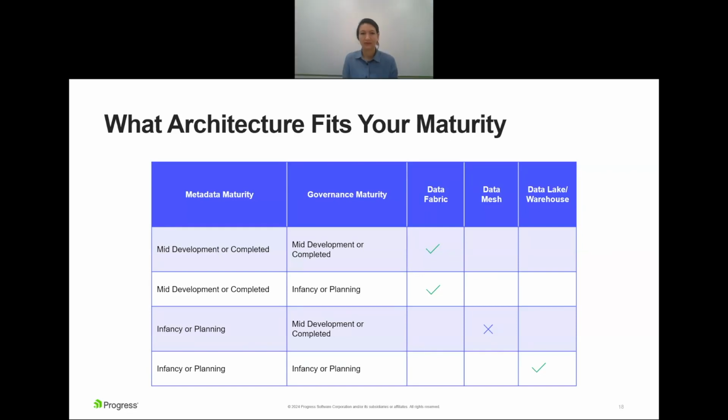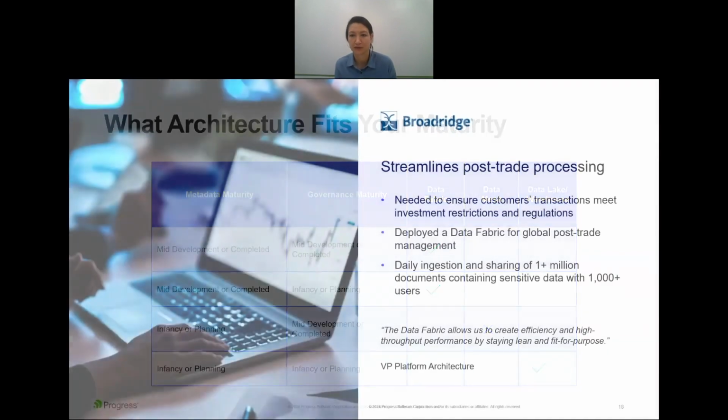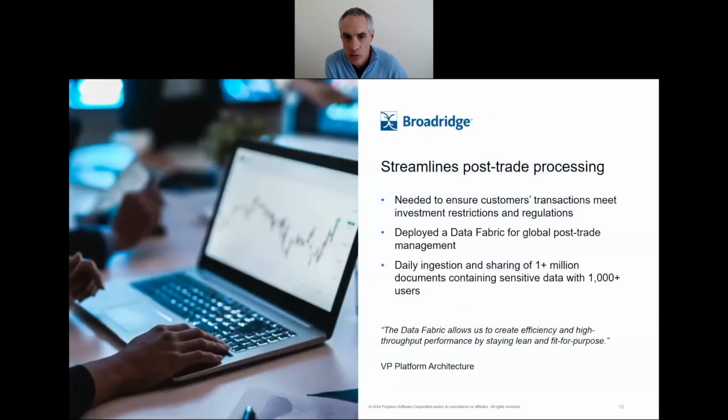Could we talk about some examples of successful data fabric deliveries from the field? Sure. So Broadridge is a financial services outsourcer. They've created a post-trade processing product that they sell to financial services institutions.